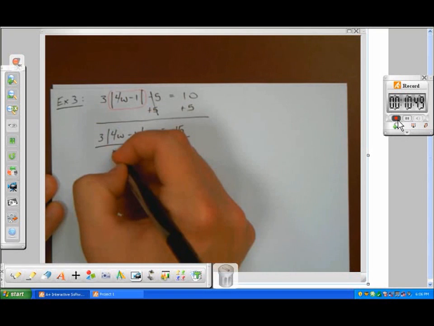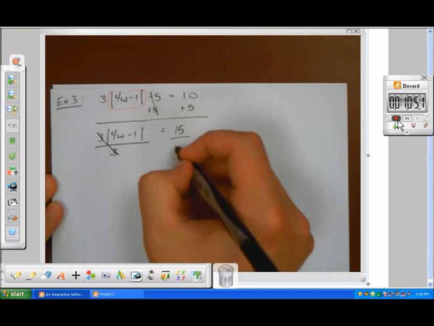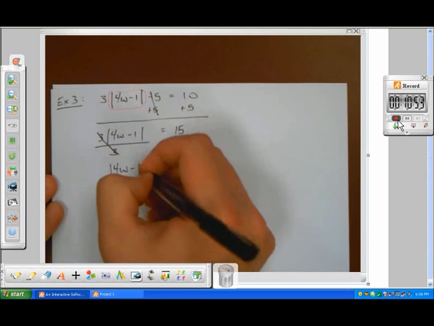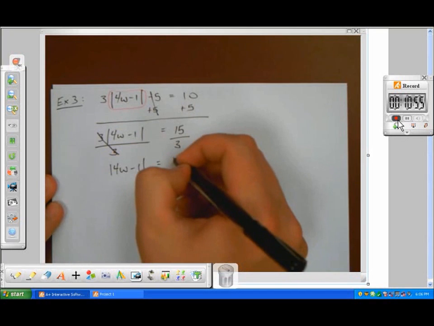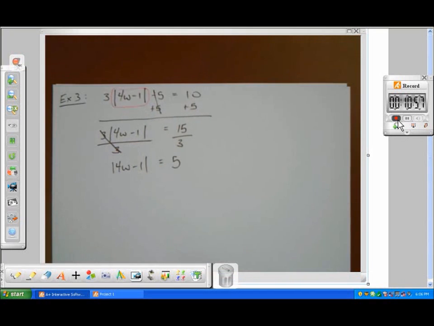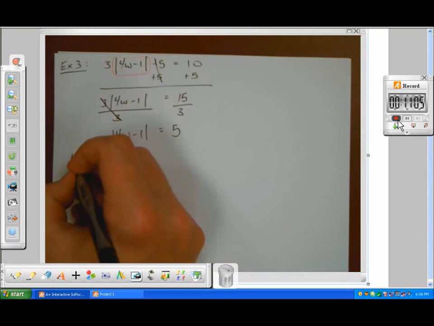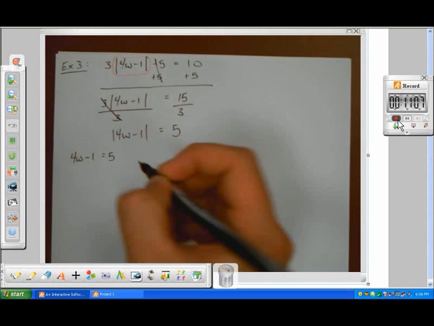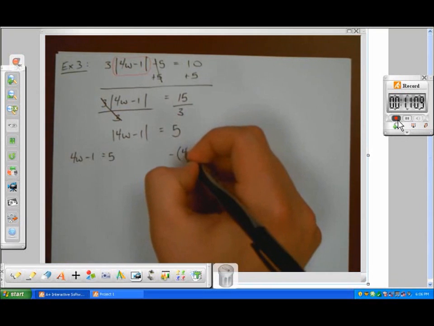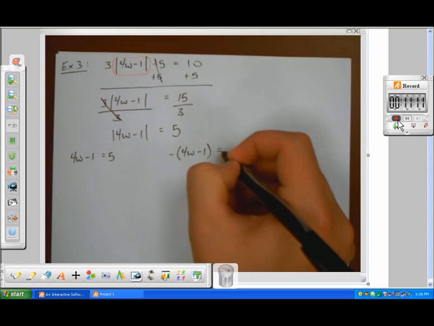And then we divide by 3. Now, we could solve it just like we could solve an absolute value equation. There are 2 answers. One's positive. The other is negative.